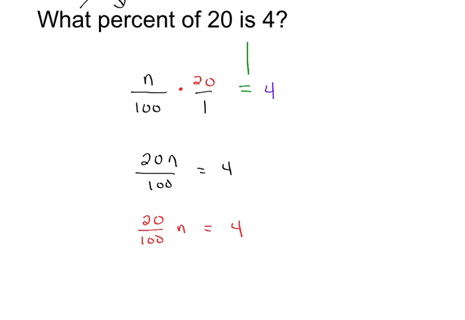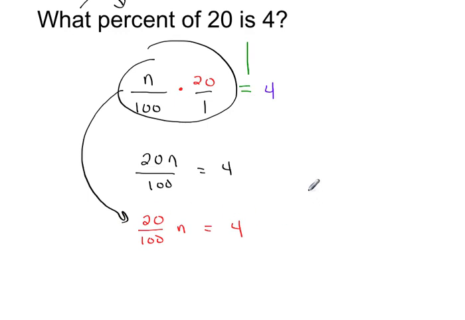I want you to be able to take this and convert it into that. 20n over 100 means the same exact thing as 20 over 100n. What's not the same is if I wrote 20 over 100 with n in my denominator. That would not be the same. But 20n over 100 is the same thing as writing 20 over 100 with n in the middle.